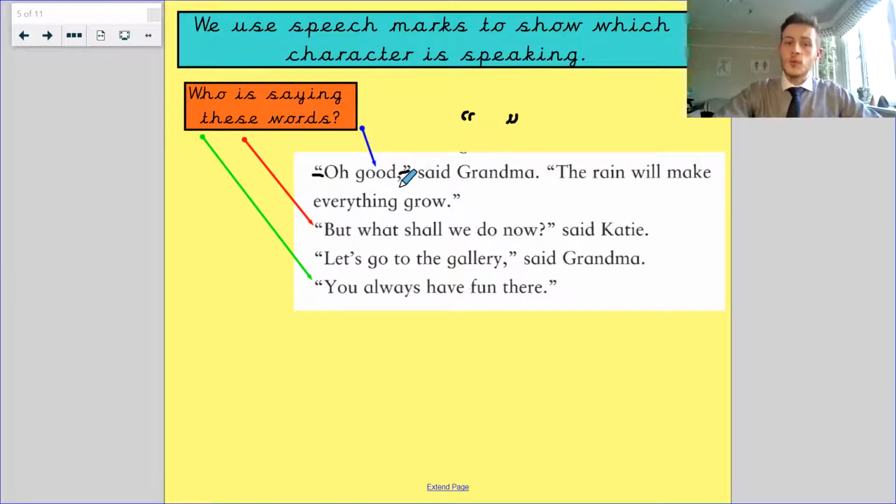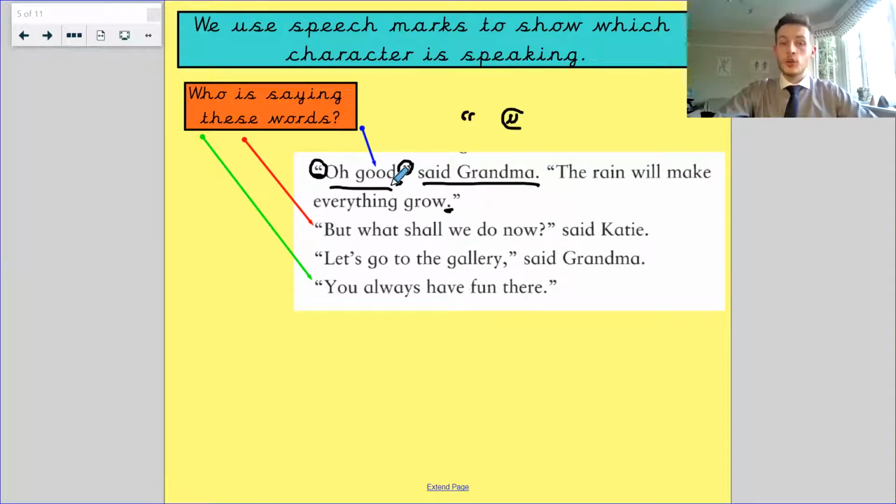So the proper way to punctuate is the person will say something, and that's what they've said is in our speech marks. We'll then put a comma at the end of what they've said if it's continuing, or if it's the end of a sentence, we can have a full stop. Then we have our 99 to show that they've stopped speaking, and then we have the person that was speaking.